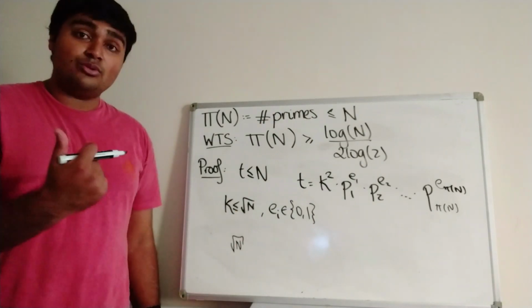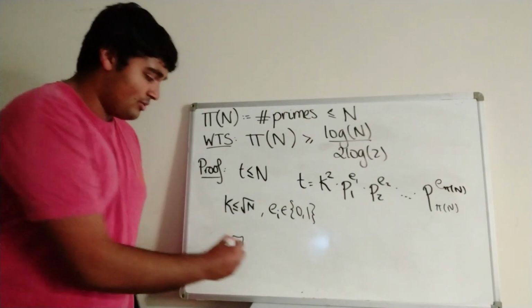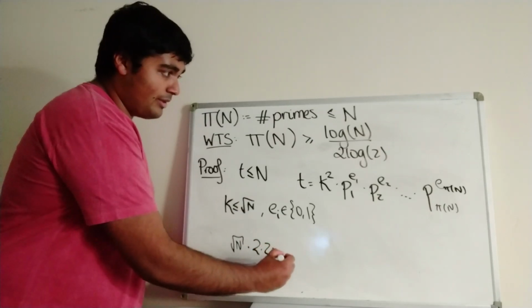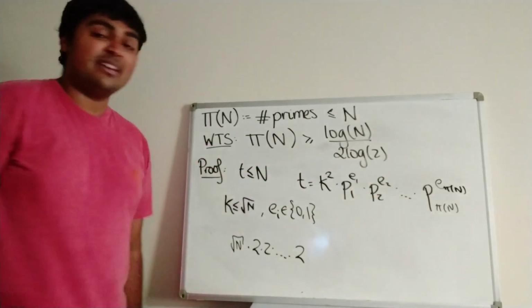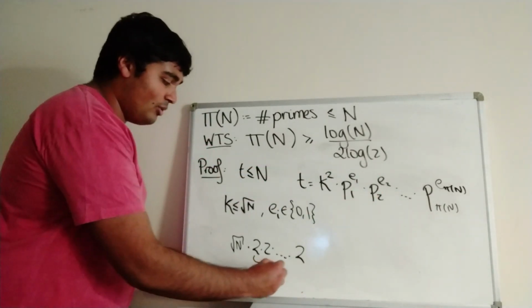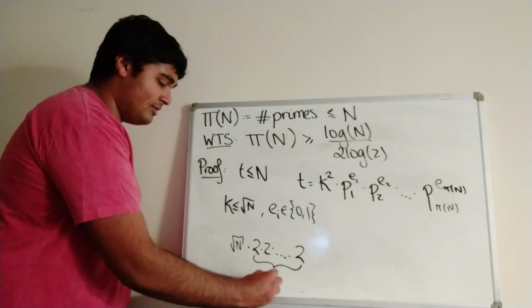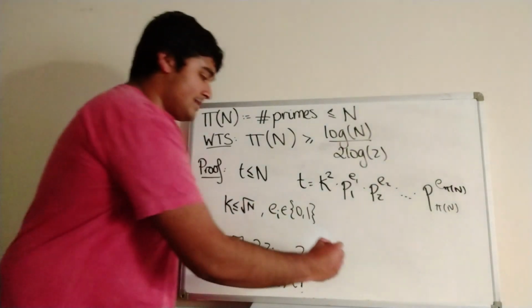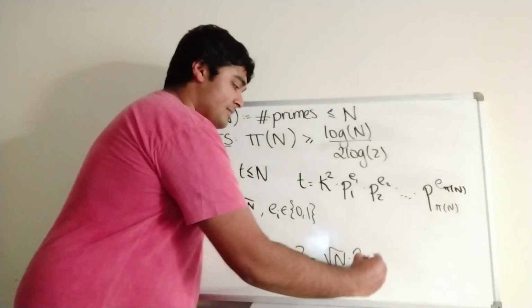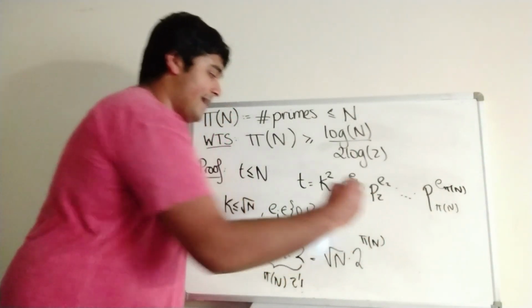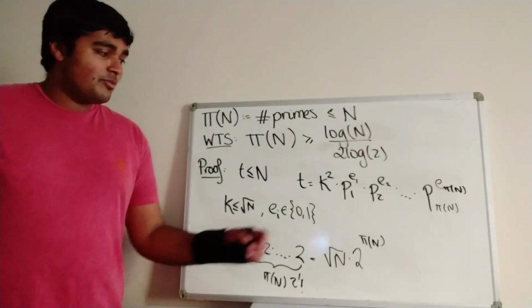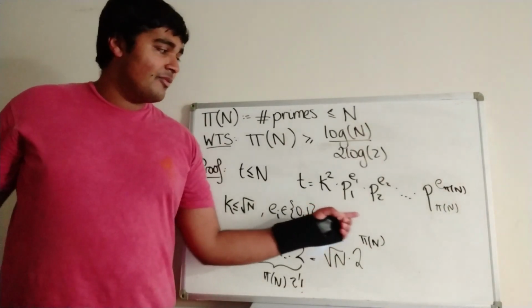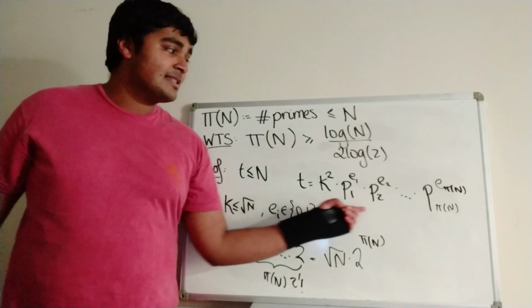So for e1 we have 2 choices, e2 we have 2 choices, and so on all the way down to e pi of n, for which we have 2 choices. So all in all, we have pi of n 2's here. Okay, so of course this number here is square root of n times 2 to the power of pi of n, like so.